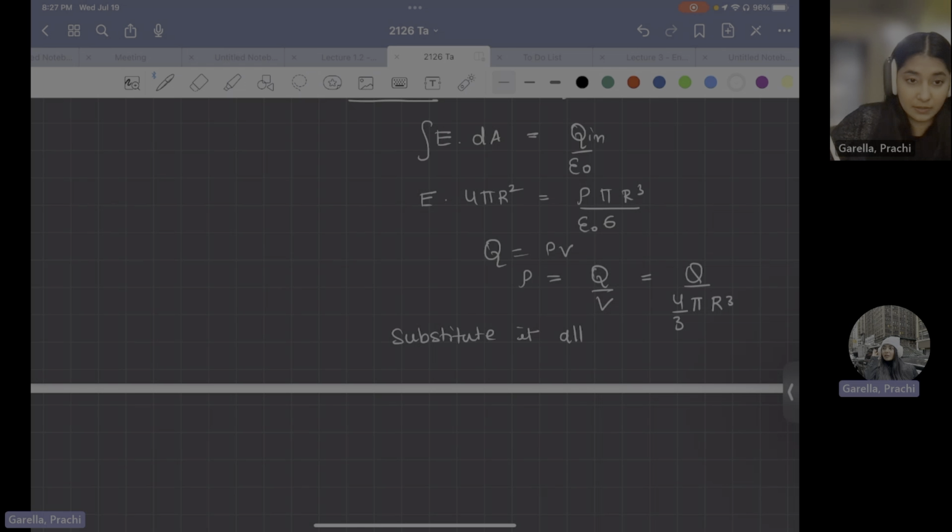Okay, so when you substitute everything, you get that E is equal to Q over, let me just write it here.